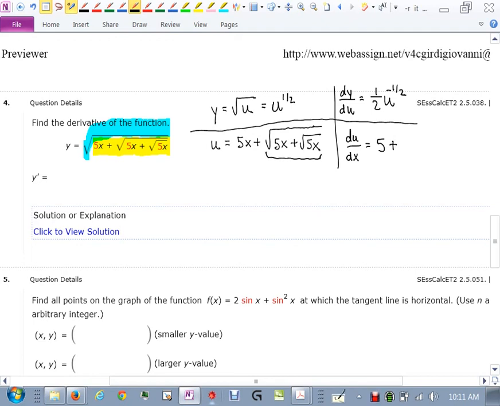Well, that's like its own problem because it's another composition. So I'm going to have to start another separate piece of work down here. I'm going to say right now g is equal to square root of 5x plus square root 5x. So all I've done is I've written this part as its own problem so I can find its derivative and stick it in over here.